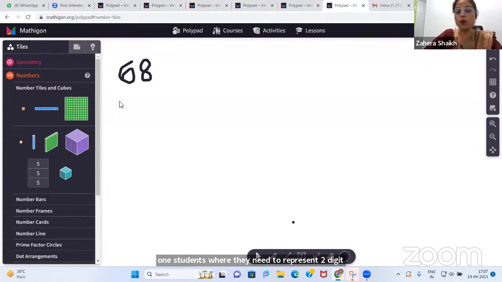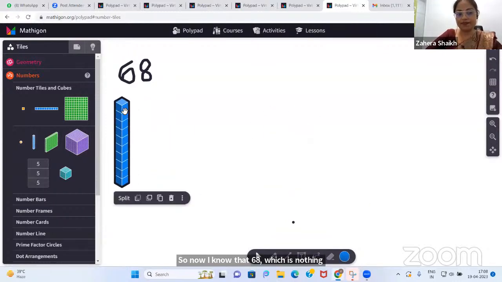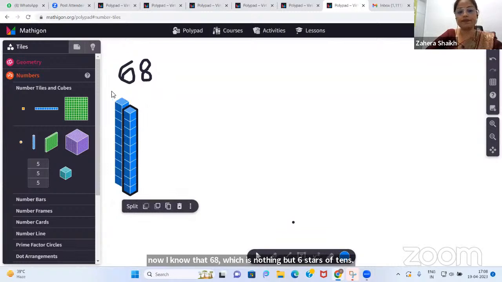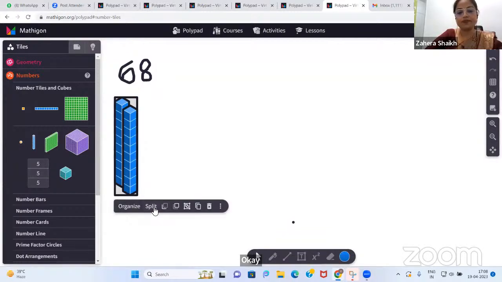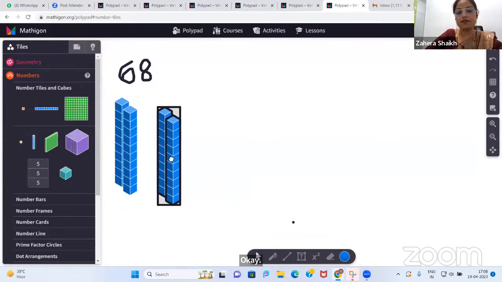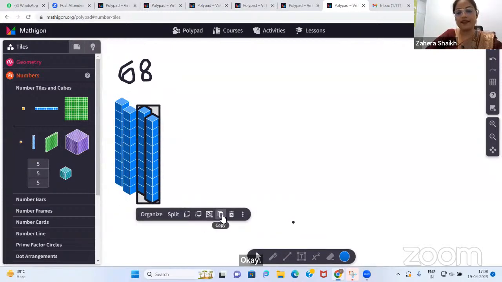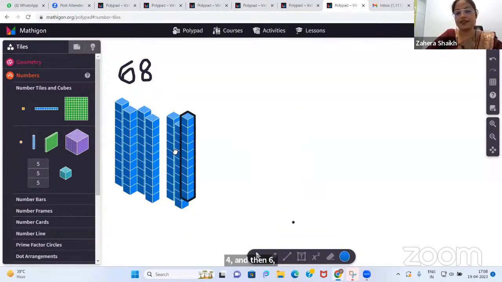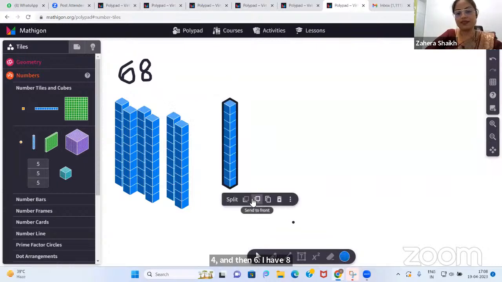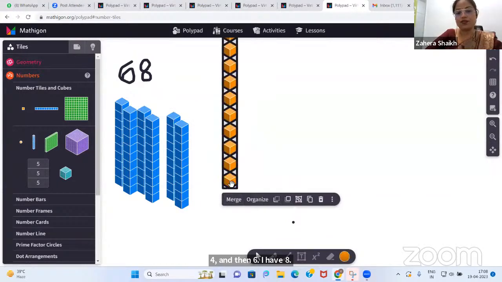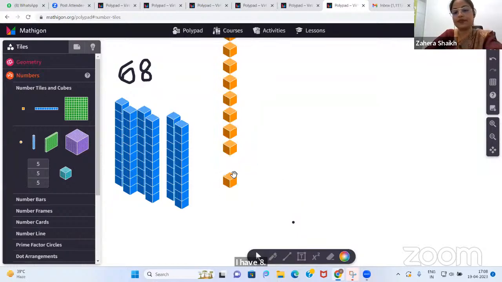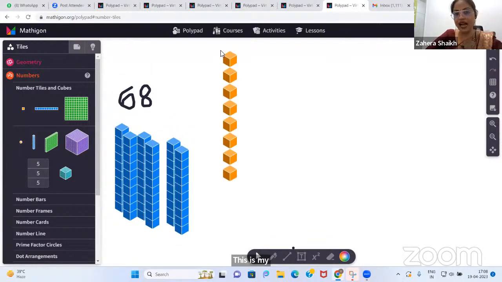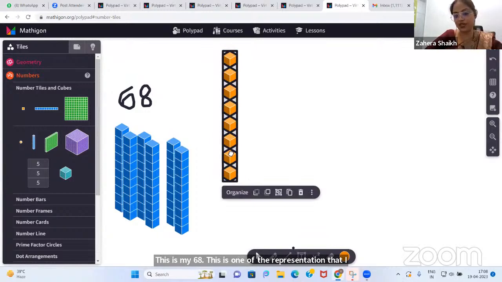Now I know that 68 is nothing but 6 towers of tens, and I have 8 ones. This is my 68. This is one of the representations that I can make from my known experience.